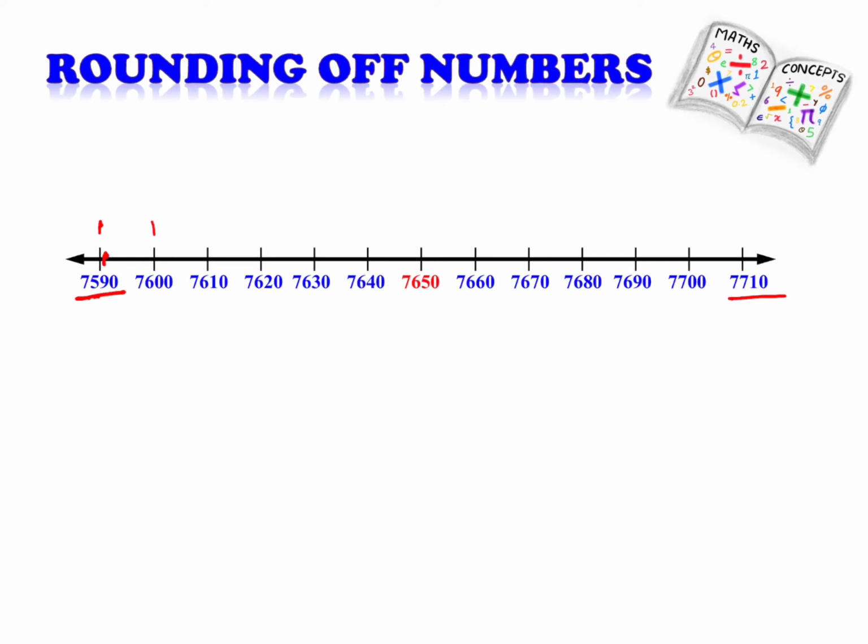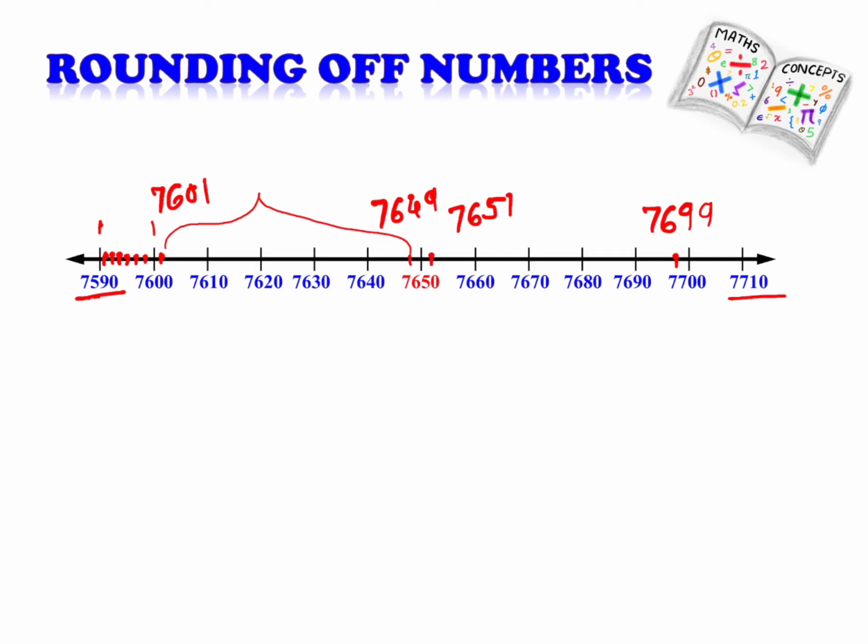I have not shown the markings here because of space crunch, but we are going to consider those numbers as well. Now the significant numbers here would be 7601, then 7649, then 7651 and 7699.